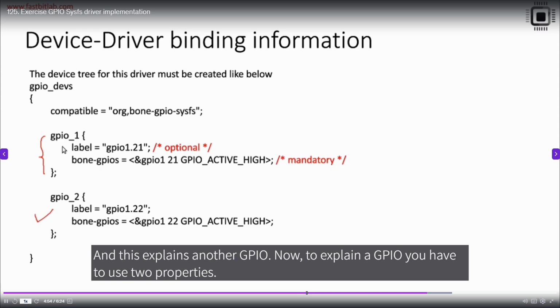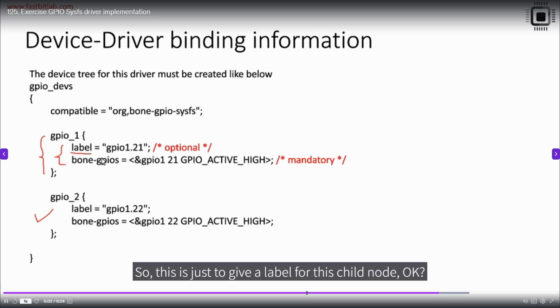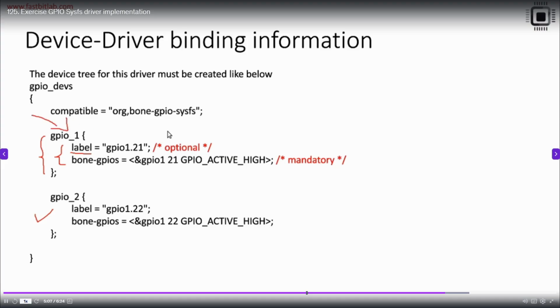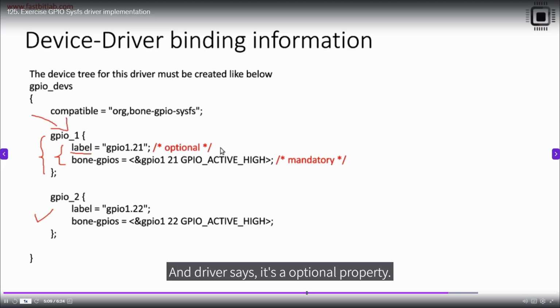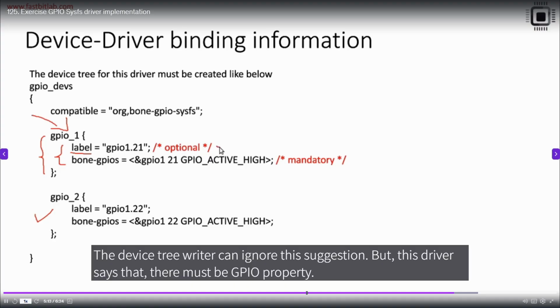Now, to explain a GPIO, you have to use two properties. The first one is the label property. This is just to give a label for this child node, okay? And the driver says it's an optional property. The device tree writer can ignore this suggestion.